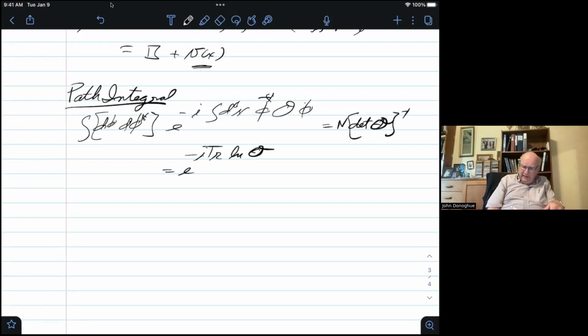The first step in making sense is that the trace here, since they're scalars, really just means you integrate over all space. It's a diagonal element over all space.